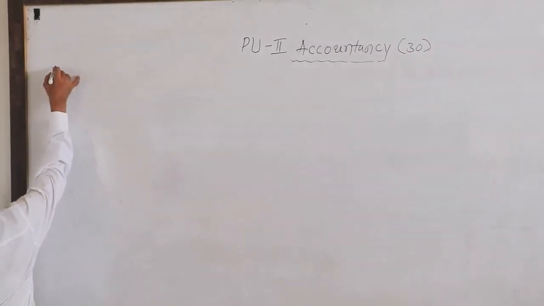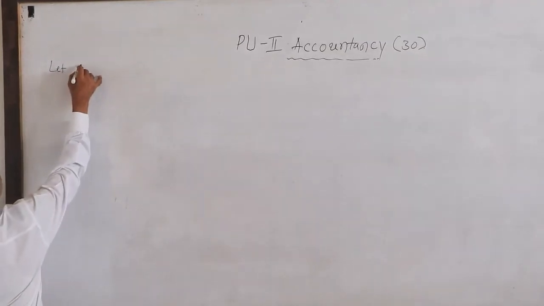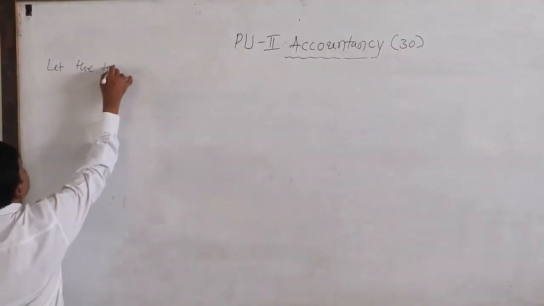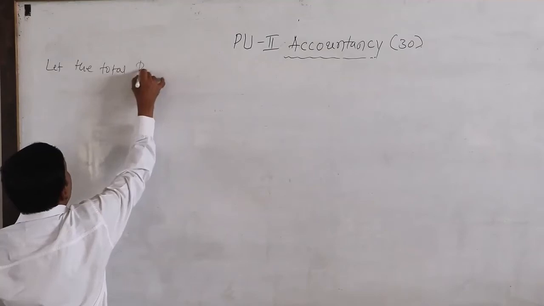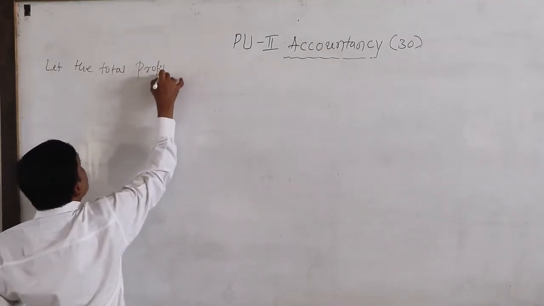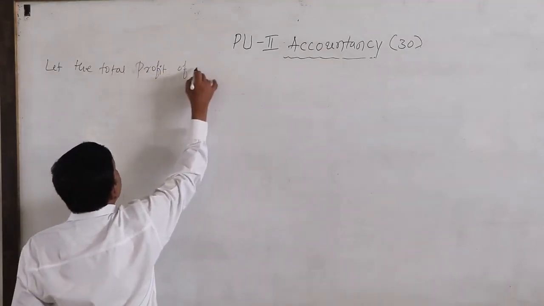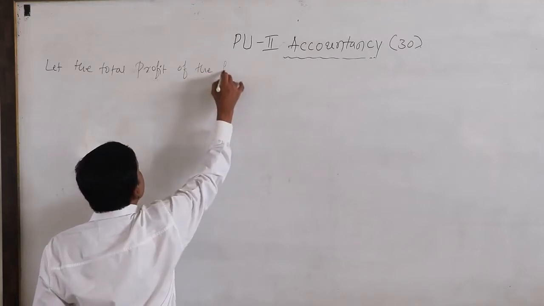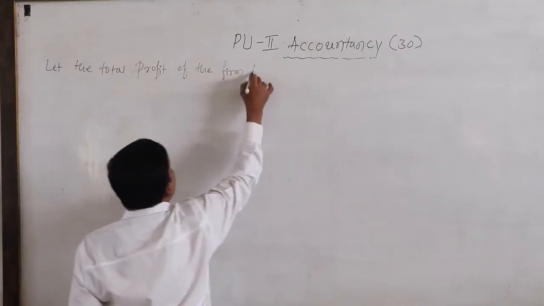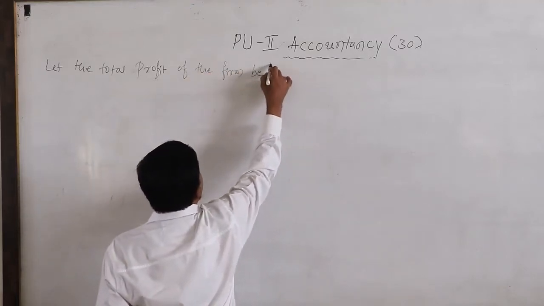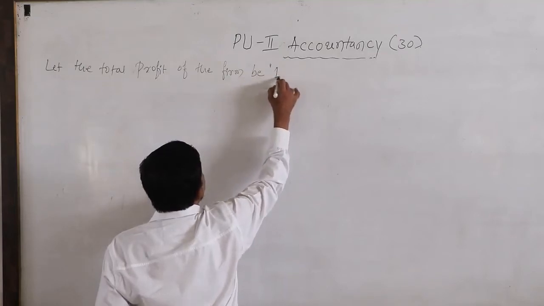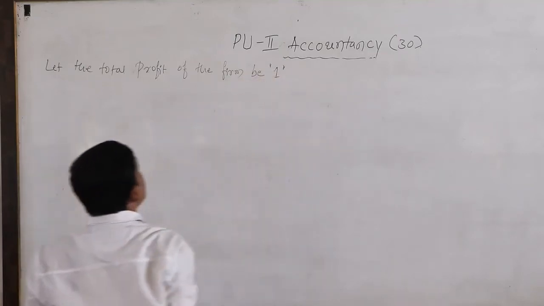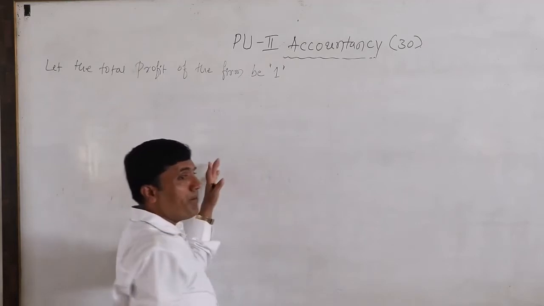Okay, let the total profit of the firm be 1. So here I am assuming the total profit of the firm to be 1.